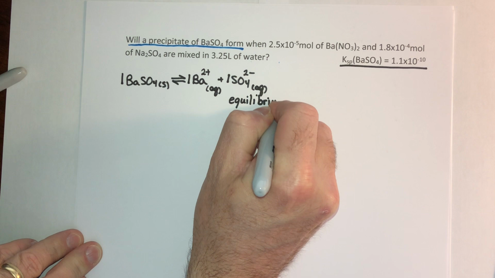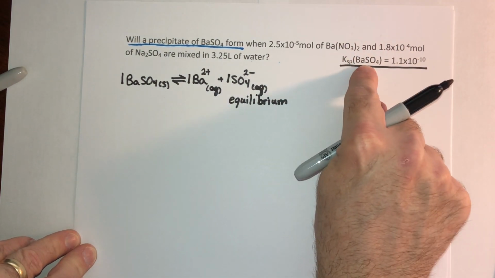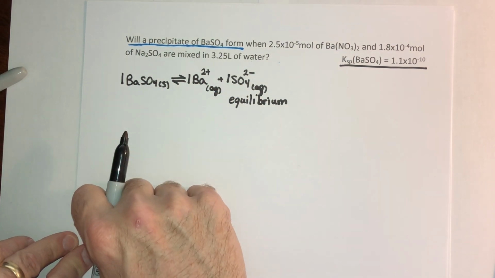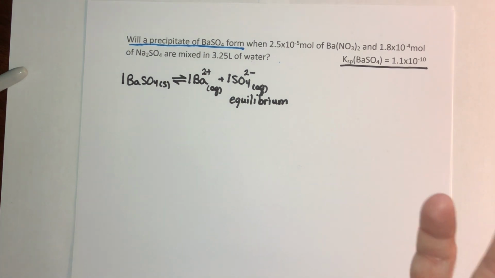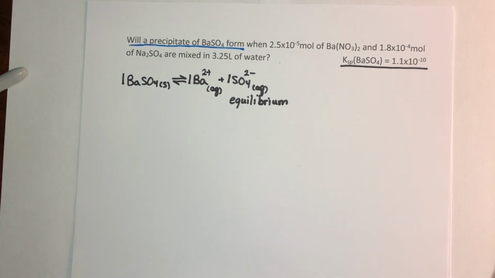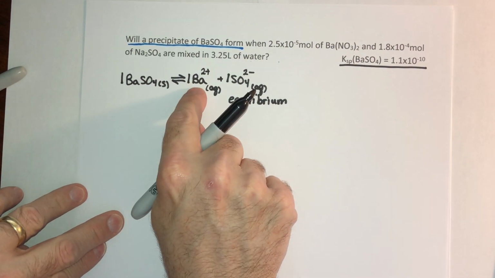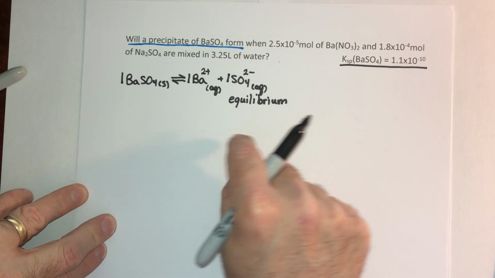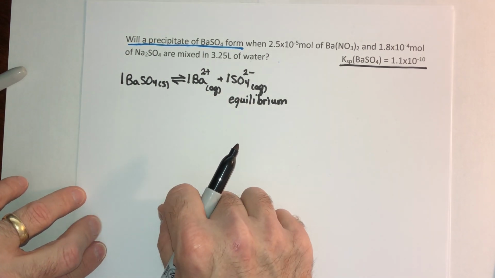It'll always involve the chemical that you are given the KSP for. It'll always be the solid breaking up into its ions. Now I need to write the equivalent of an equilibrium expression. If I actually knew the concentration of the barium and the sulfate at equilibrium, then I would write an equilibrium expression and I'd use the KSP.